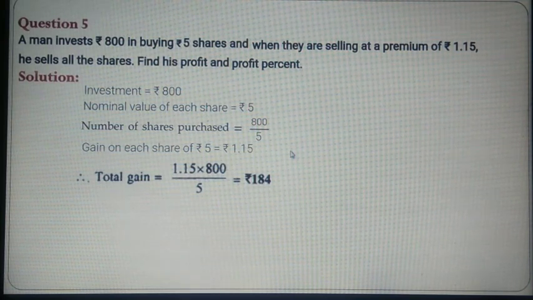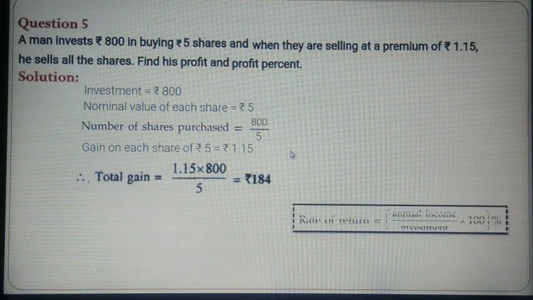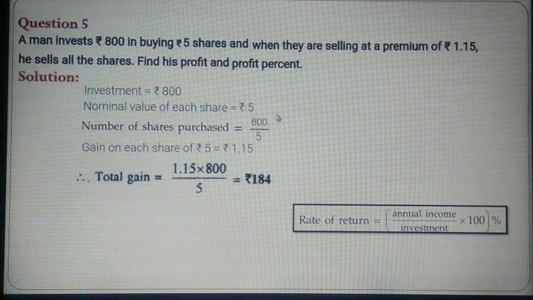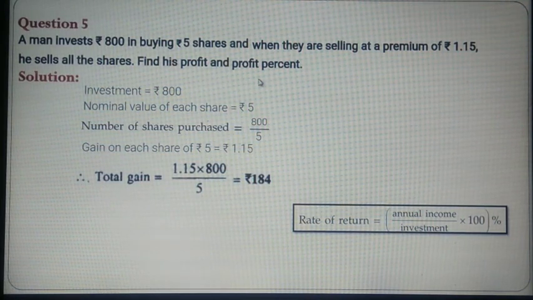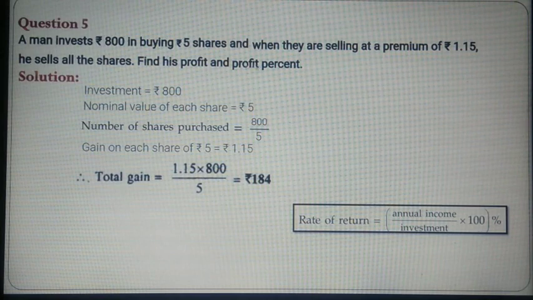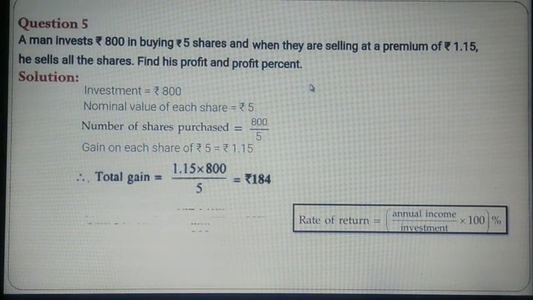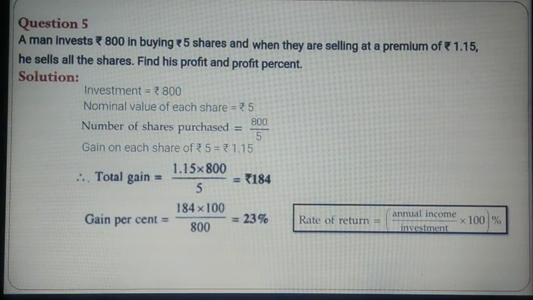Now there's one more formula which says rate of return. Now here return is a profit, right? So that's why we want to calculate rate of return, that is profit percent, right? That's why my profit percent will be equal to annual income.